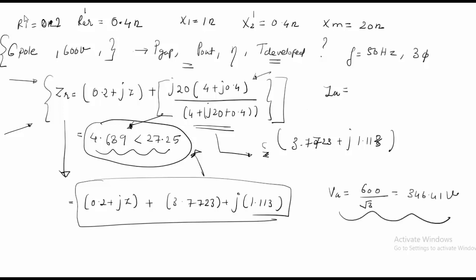Your IA will come close to 346.41 divided by 4.639, which was your this, and your angle will come close to 27.25. So if you are moving it up, your IA will be equal to something like 74.67, making an angle of minus 27.25.